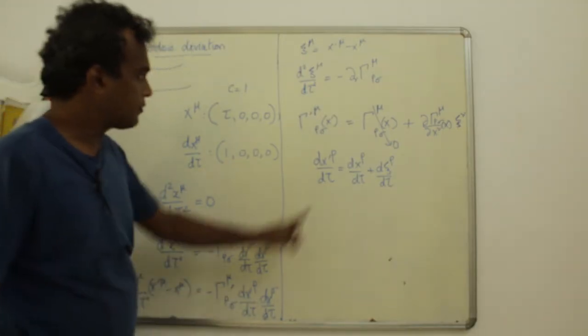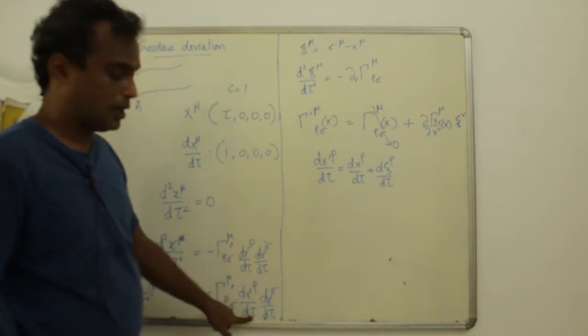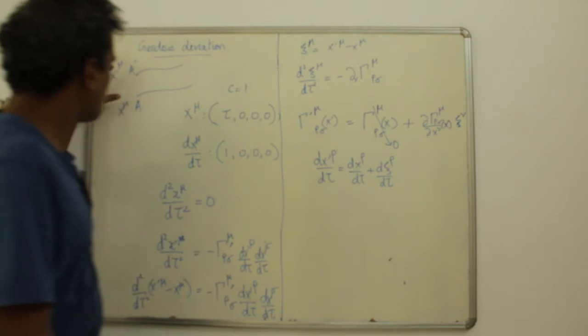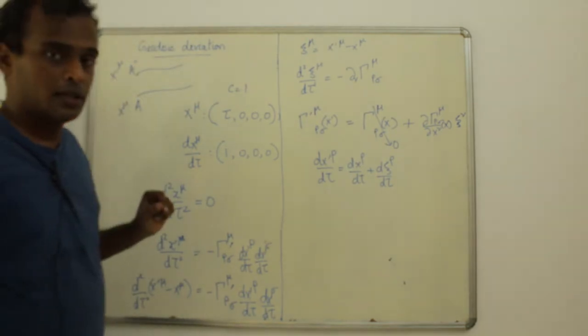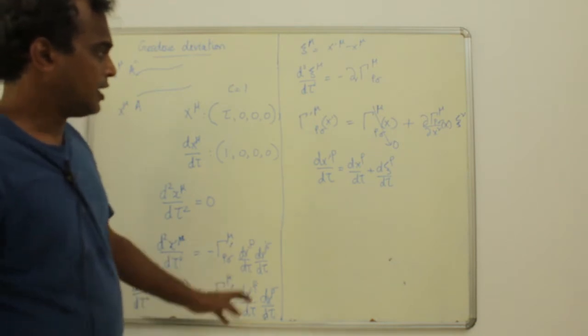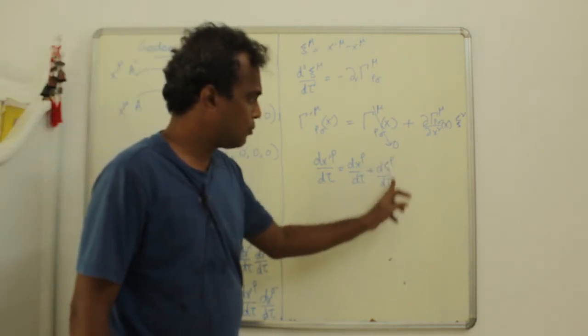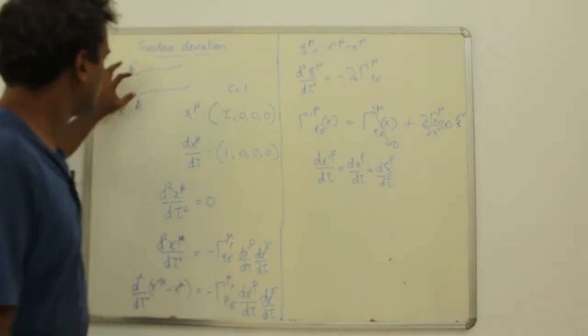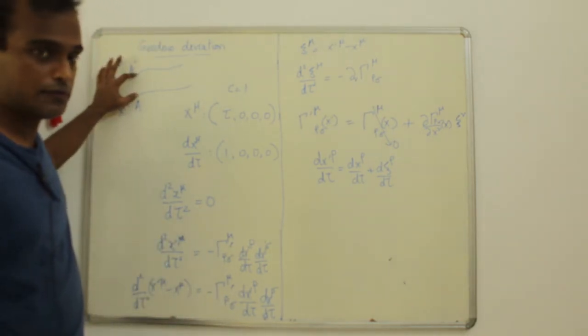Now, coming to the factor of dx prime rho by d tau here, we know that the particles start off from points A and A prime with velocities that are parallel. Thus, this factor d psi rho by d tau can also be treated as almost equal to 0 at the points where they start off.